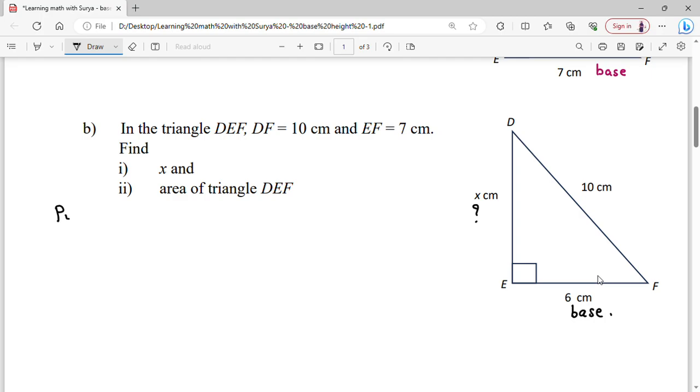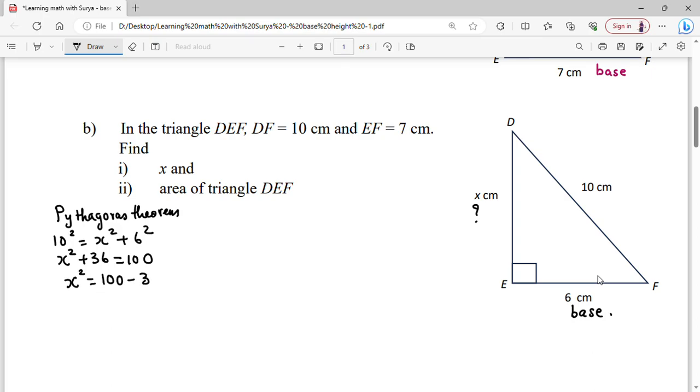So by Pythagoras theorem, I'm going to have 10 squared is equal to x squared plus 6 squared, or x squared plus 36 is 100. X squared is 100 minus 36, or x squared is 64.